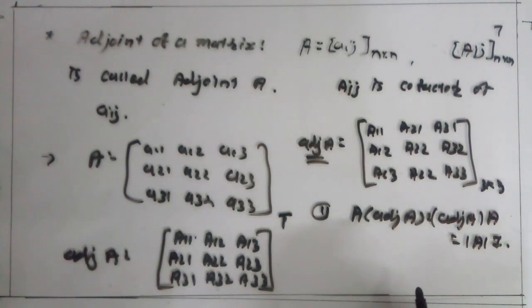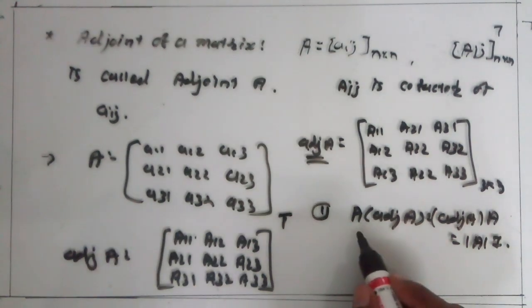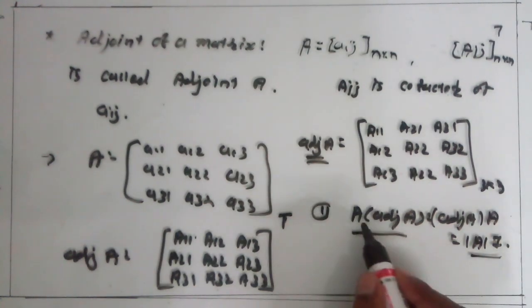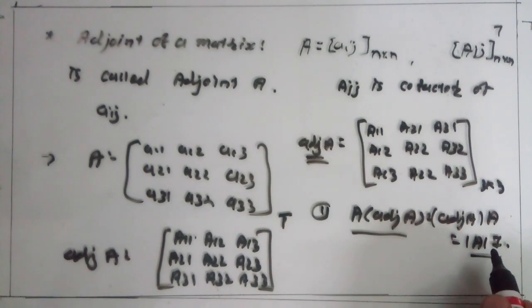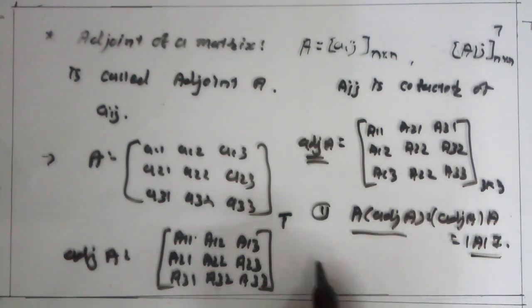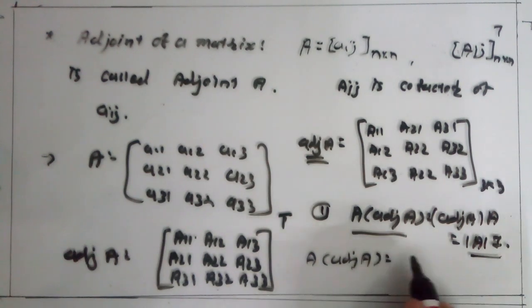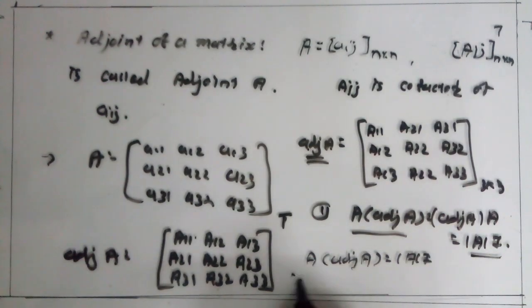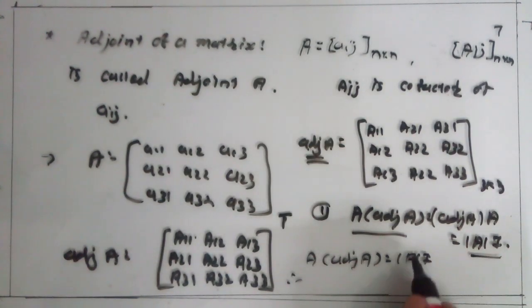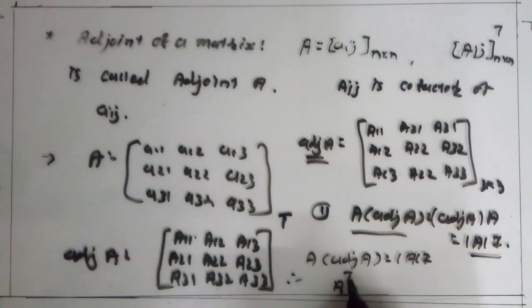From this we get the inverse of A. Here A into adj A is equal to determinant of A into I. Therefore, taking A to this side and determinant of A to the other side, we get A inverse into I, that is, we get A inverse.